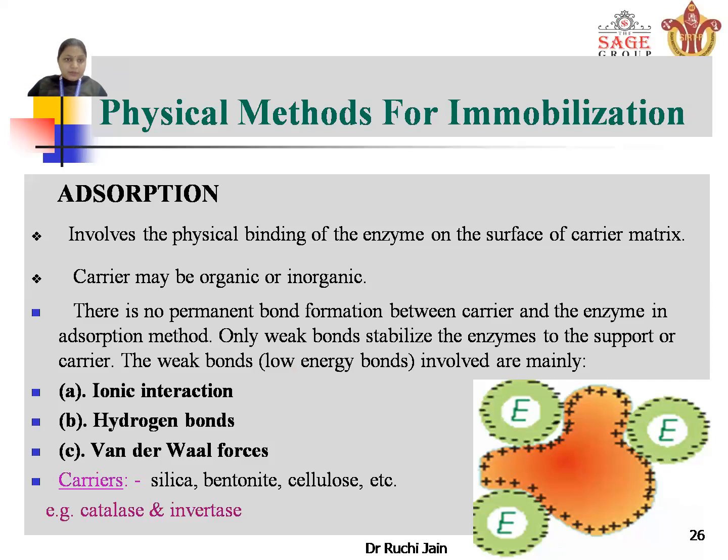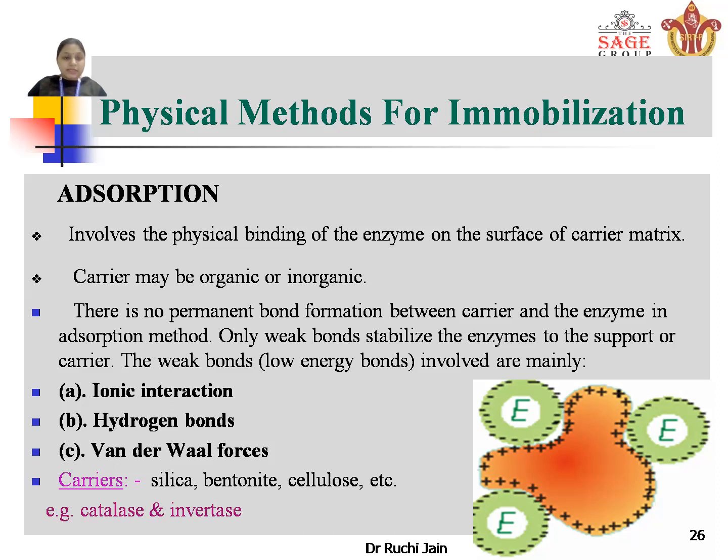First one is adsorption. In adsorption, basically enzymes are adsorbed on the surface of a carrier matrix. There is no permanent bond formation, only weak bonds form between the enzyme and supports. These weak bonds are ionic interactions, hydrogen bonding, and van der Waals forces.